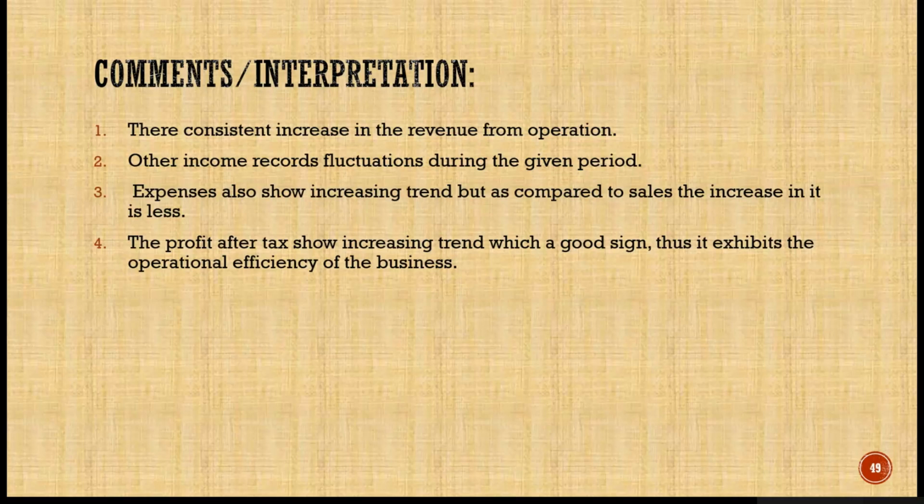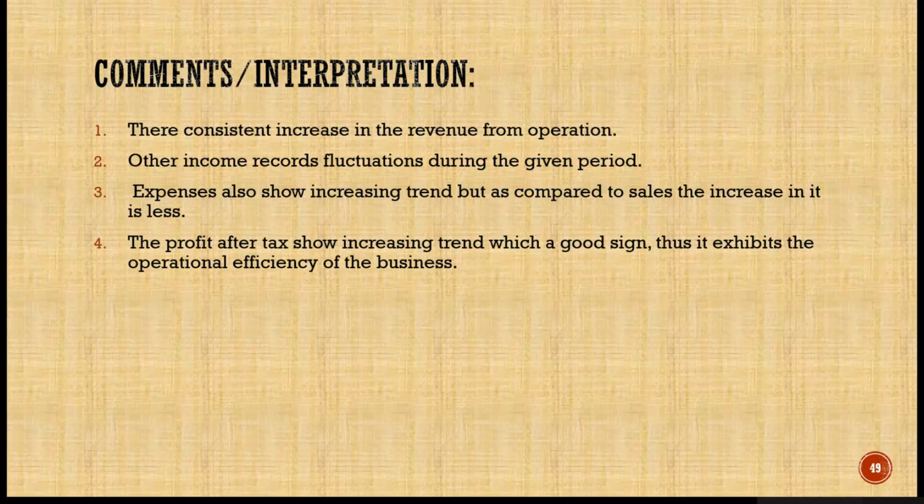Next is expenses also show an increasing trend, but as compared to sales, the increase in it is less. The profit after tax shows an increasing trend, which is a good sign. Thus, it exhibits the operational efficiency of the business.